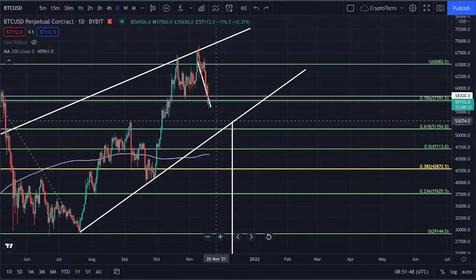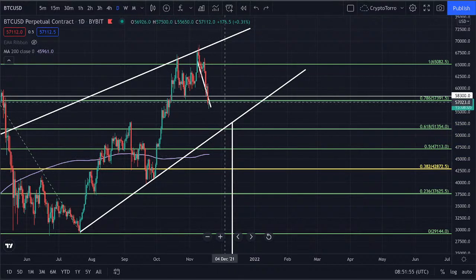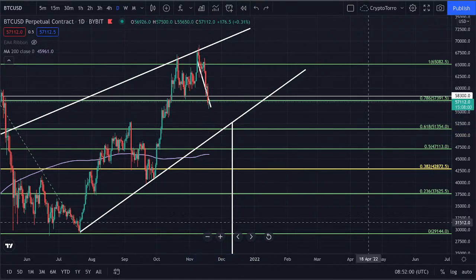Therefore I think it is very likely that we might expect some wicks all the way towards the downside, but we would like to close all candle bodies on top of this ascending support, so that is absolutely important.